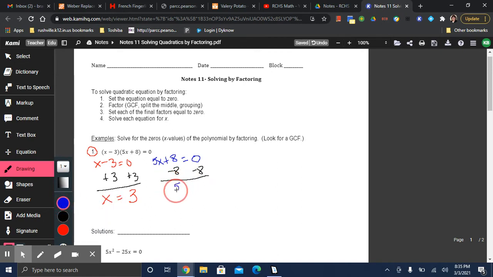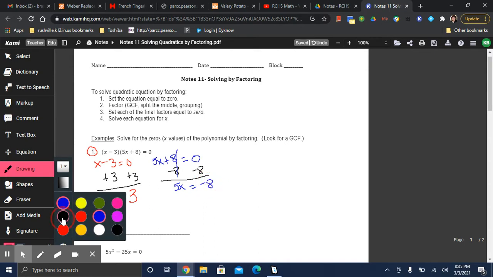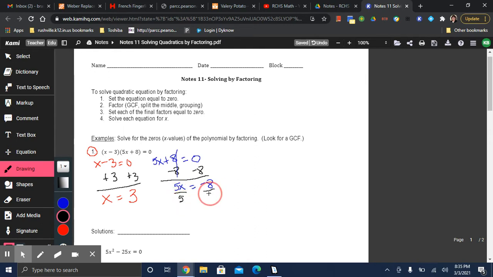The 5x will come down, the 8's cancel. 0 minus 8 is negative 8. And then now this one, there's a number in front of the x, so I'll have to divide both sides by 5. Now that creates a fraction, but we're going to leave that answer as a fraction. X equals negative 8 over 5.